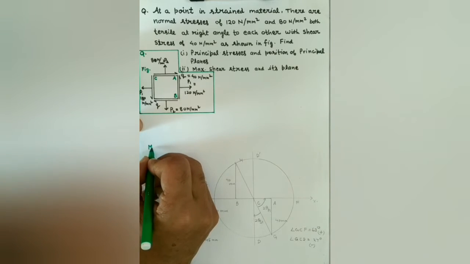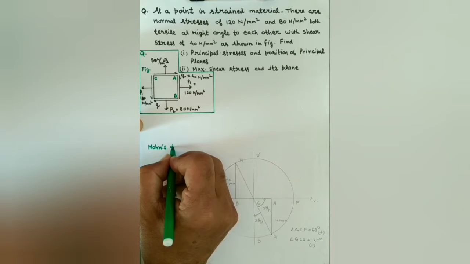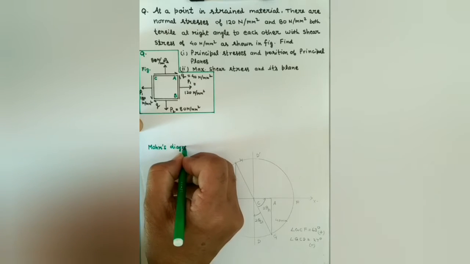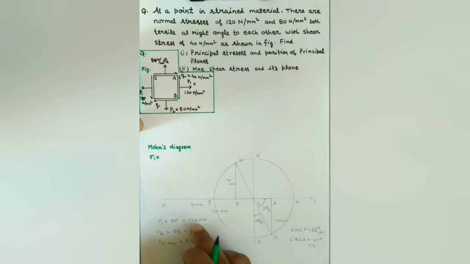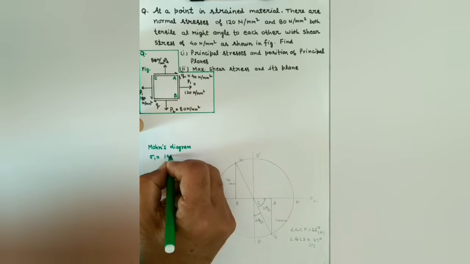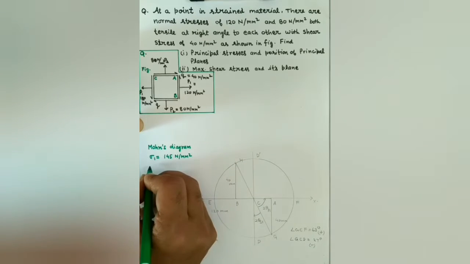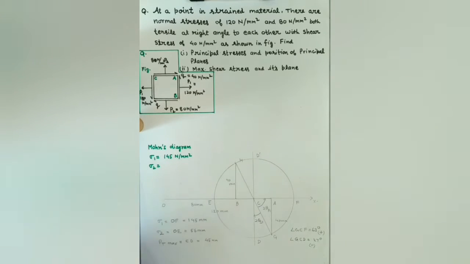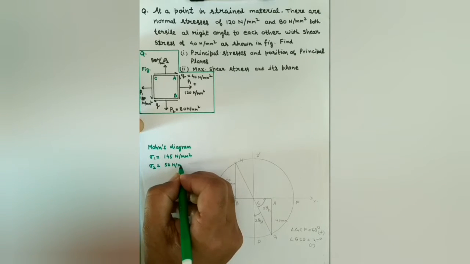So let us note down the results obtained from the Mohr's diagram, which we have obtained by measuring the lengths and the angles. Sigma 1, which is the maximum principal stress, is 145 Newton per mm square. Sigma 2, which is the minor principal stress, is 56 Newton per mm square.